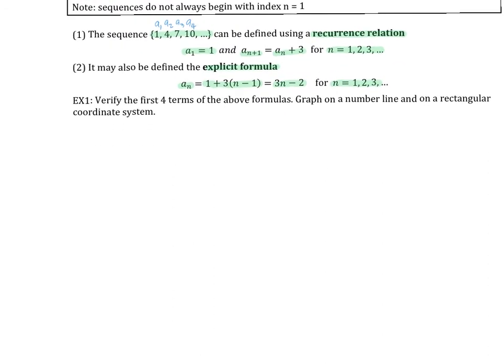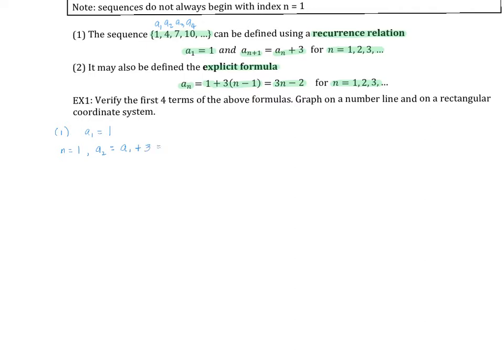Example 1, we're going to verify the formulas that I came up with for the sequence 1, 4, 7, 10, and so on. So if I look at the first formula, the recurrence relation, the first term a sub 1 is equal to 1. Now when n is equal to 1, that means that a sub n plus 1 is a sub 2. That would be equal to a sub n, which is a sub 1, plus 3.